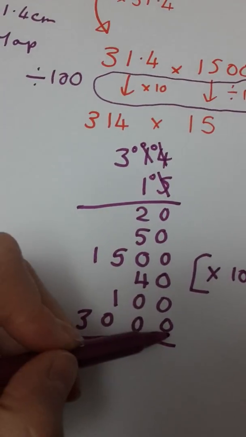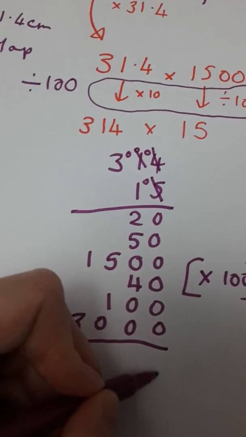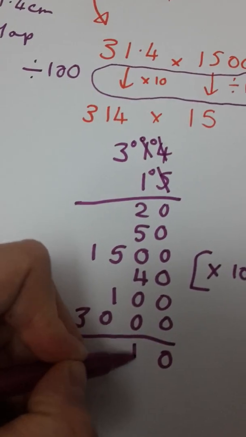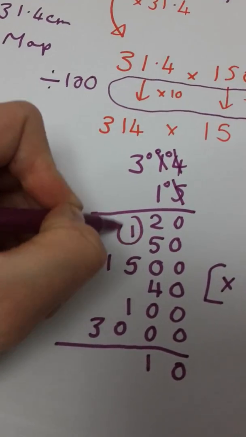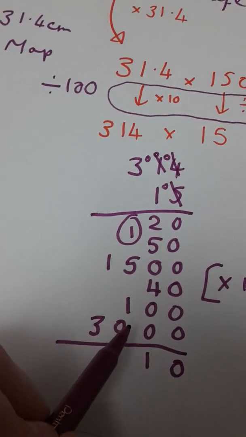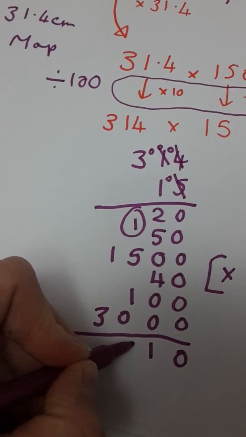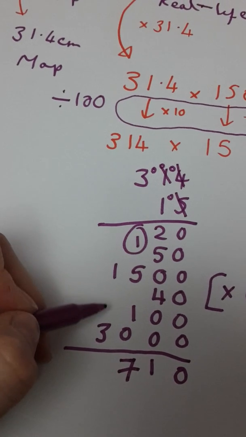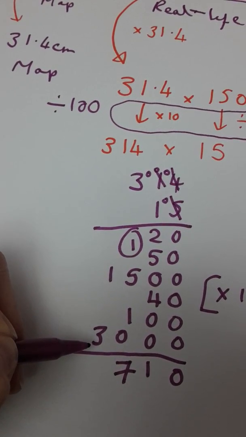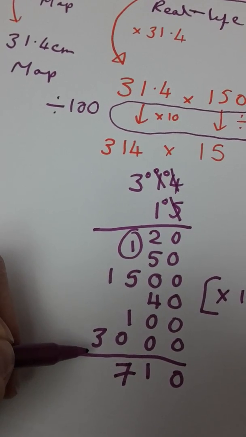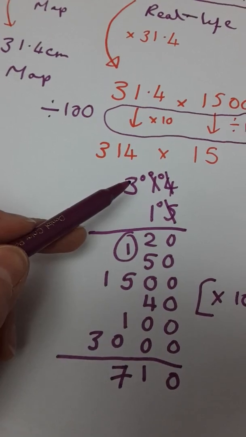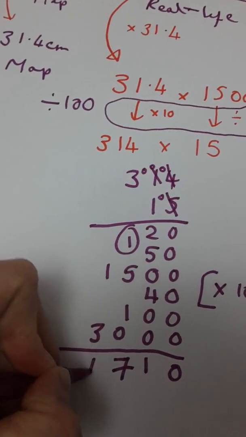Now we can add them all up. Our units column adds up to 0. Our tens column adds up to 11, so I'm going to carry my 1 into my hundreds column. Now I have 700 in this column, and then I have 10, and in this column I have 4.